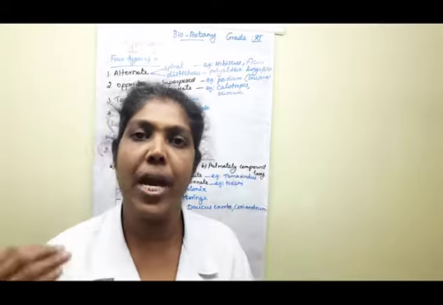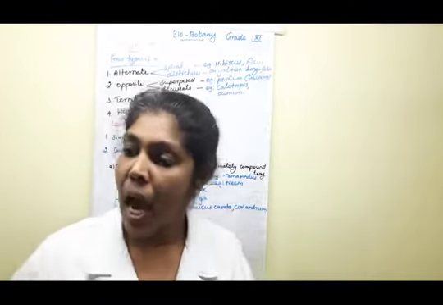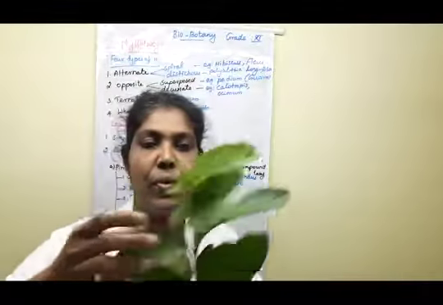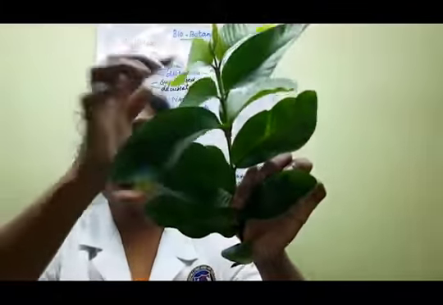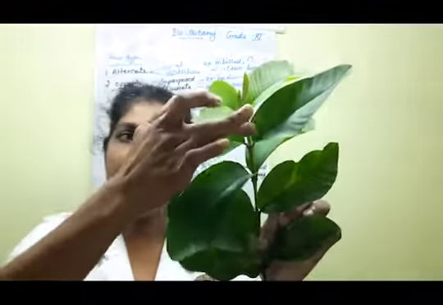The second type we are moving into is opposite phyllotaxy. Opposite phyllotaxy means, all of you listen, look at this specimen, children. At each nodal region, two leaves arise, and those two leaves are arranged in an opposite manner. So here one, that's the opposite manner.